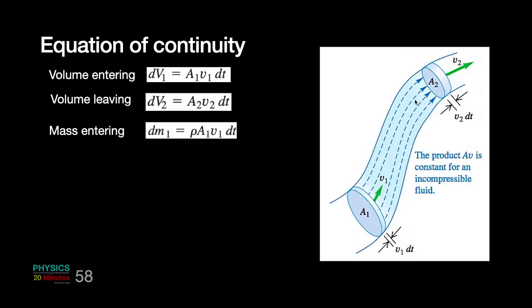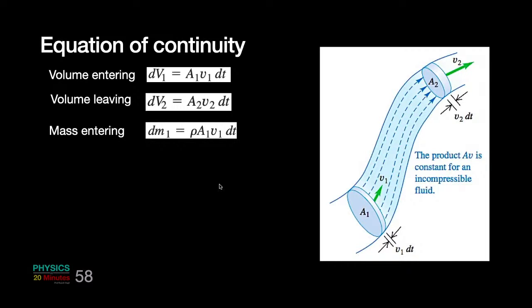For the time being, I'm assuming that the density remains constant throughout the pipe. Now, if the density remains the same throughout the pipe, then such a fluid is normally referred to as an incompressible fluid, a fluid which cannot be compressed at any point. So an ideal fluid or an incompressible fluid has been assumed.